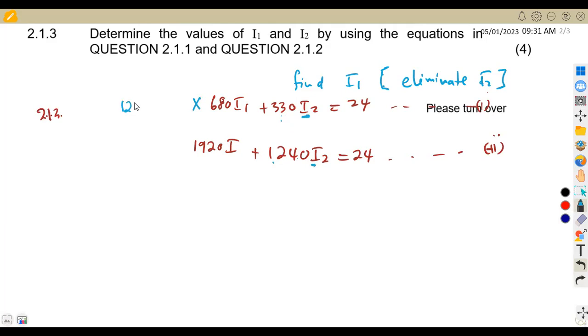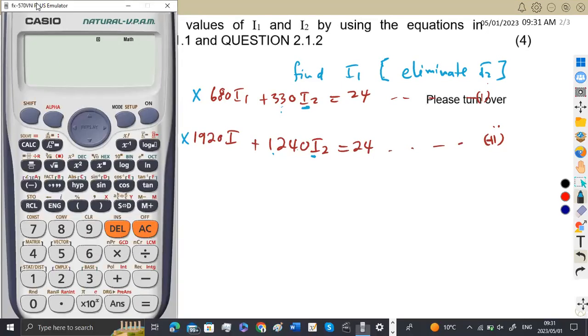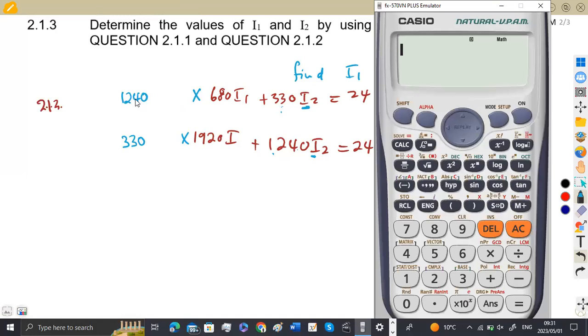Then below, which is the second equation, we multiply by 330 in this case. But these values can be reduced. So you can simplify this from your calculator. Let me show you what you're going to do. These are the values that you are given, 1,240 and 330. So you can divide 1,240 by 330 to see if it can be reduced.